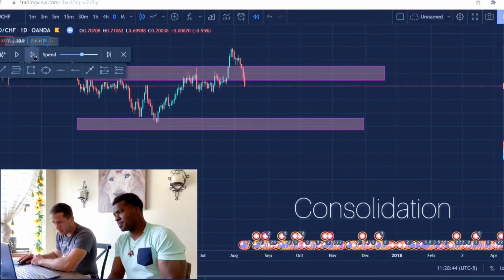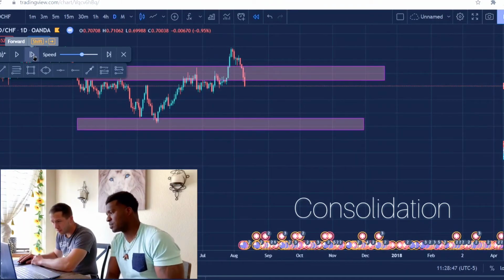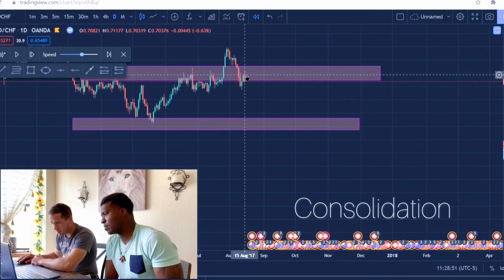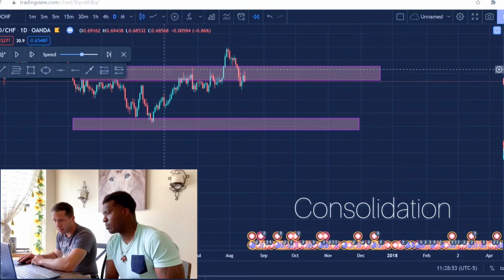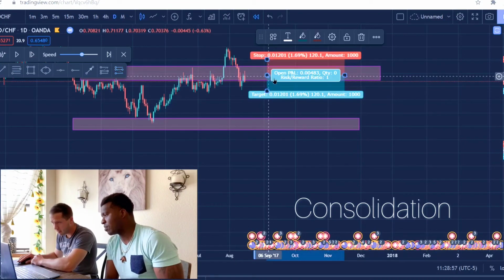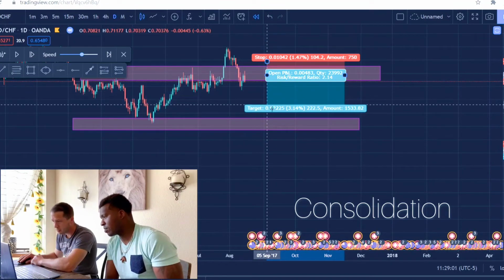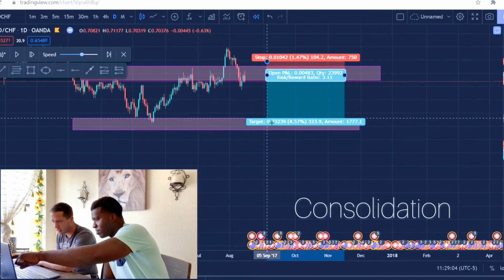All right, so playing it out, obviously we have a break back into the zone. We see this nice rejection right here with this rejection candle on the consolidated market, like we were explaining to you guys before. So if we were to enter a trade right here, move our stop losses, and we'll take our take profits down to the 1 to 2 ratio, or you can even take it down to this zone right here.